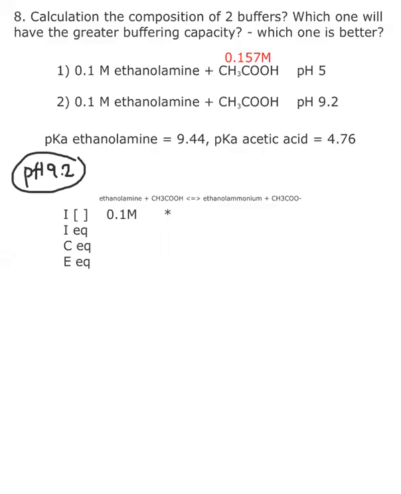So then what happened at pH 9.2? At 9.2, the ethanolamine will work as a buffer. So at equilibrium, you have to neutralize all of the acetic acid out of the system.